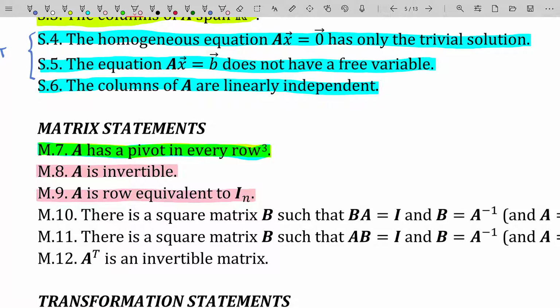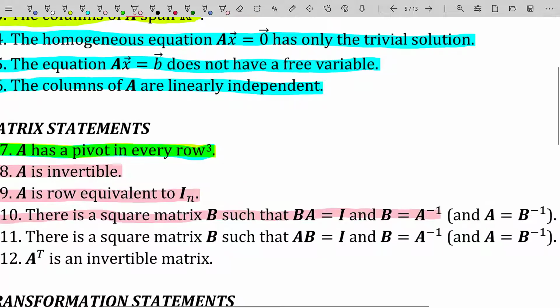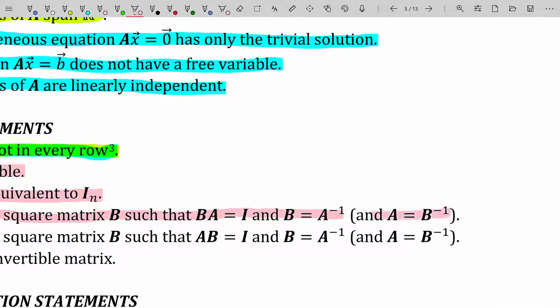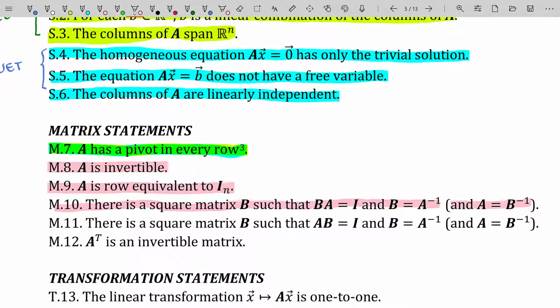If A is invertible, then there is a square matrix B such that B times A is equal to the identity matrix, where B is equal to A inverse. And by the way, A is equal to B inverse. Same thing if you multiply on the right-hand side: there exists a matrix B such that A times B is the identity matrix, and B is A inverse, and A is B inverse.